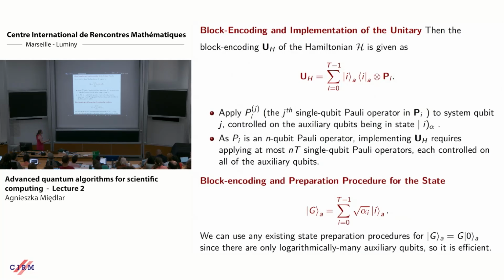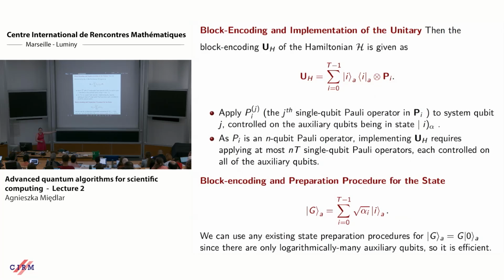You also have to be able to prepare the state. As I said, in our classical block encoding, the object that we usually have is ket 0 tensorized m times. But as I said, you can apply any other, because it connects to a rotation with respect to the basis, and you can use any existing state preparation procedure.